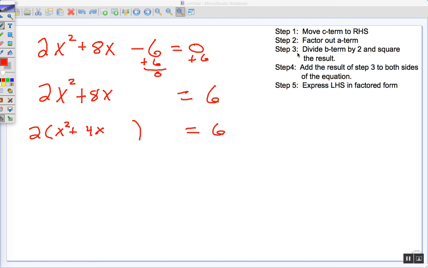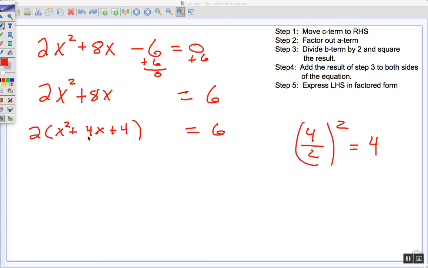Step 3, divide the b term by 2 and square the result. This is our new b term that we're going to divide by 2 and square. So that's 4 divided by 2, squared, which is 4. But here's the tricky part. I didn't just add 4 to this side. I actually added 8. If I could put some flashing lights as a warning right here, I would, because this is the one step that is so commonly forgotten.